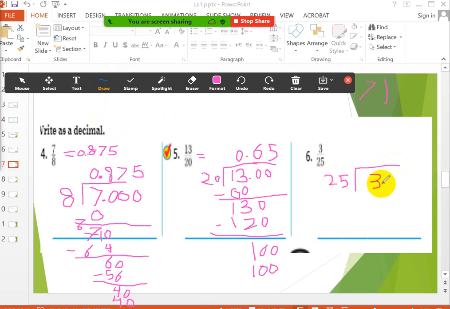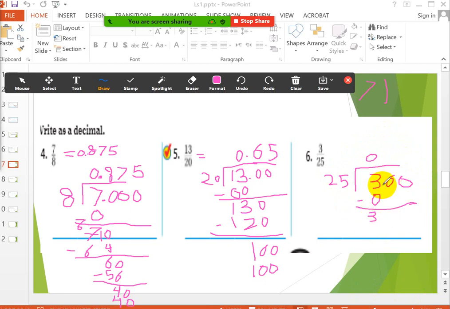Put the zeros after the point. Now, 3 divided 25, it will be 0. So 0 multiplied 25, it will be 0, and subtract, as we learned.